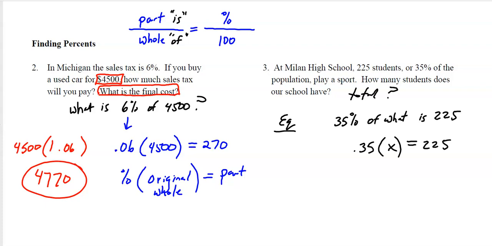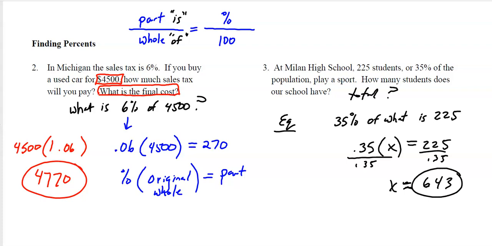The part is 225. So it ends up being a division problem. You divide both sides by 0.35. And let's just do that. 225 divided by 0.35 is, we have to round it roughly to 643, squiggly, put about 643 students.